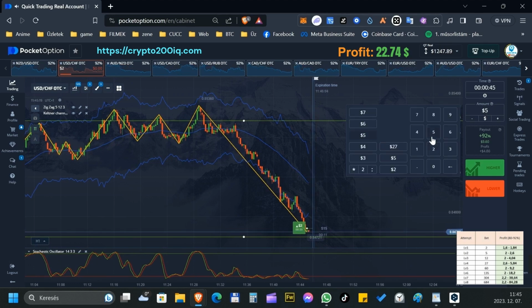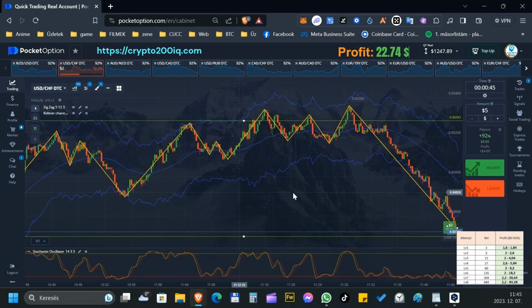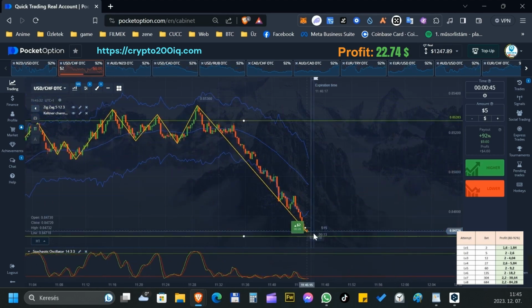We're preparing for the next move. We'll review where potential support points might be.